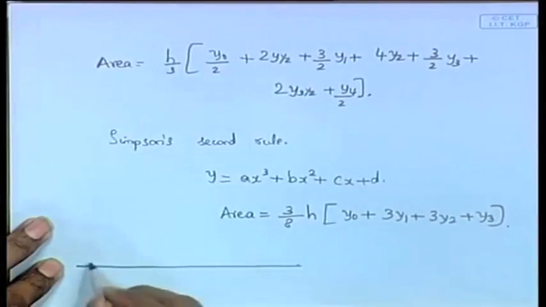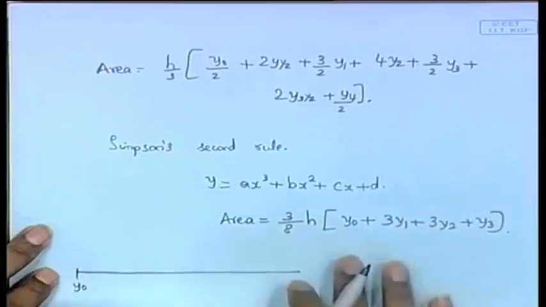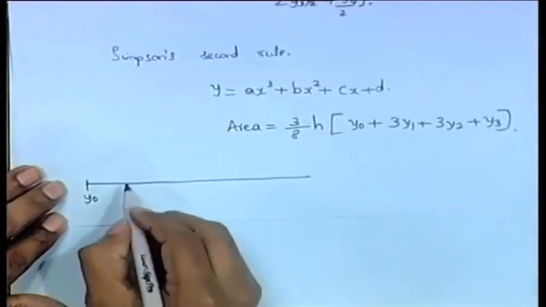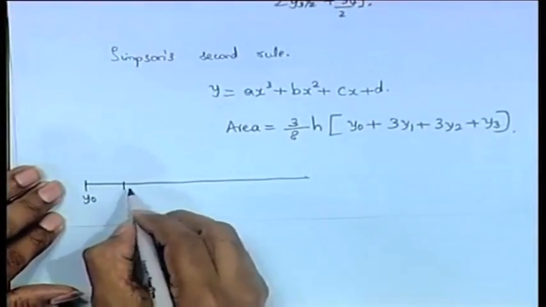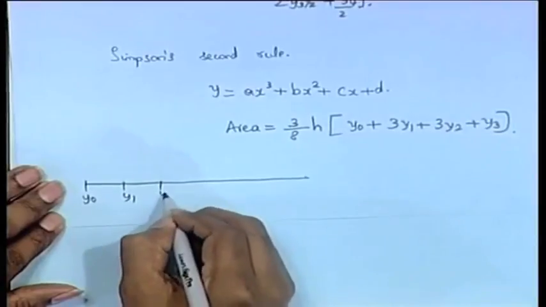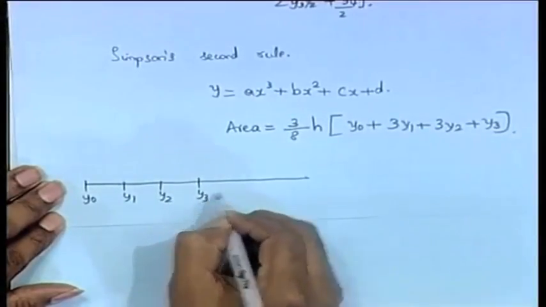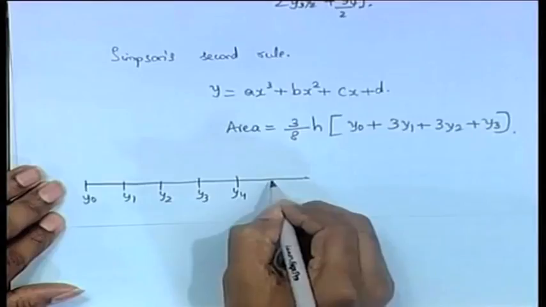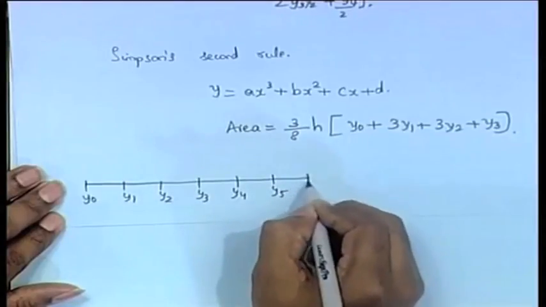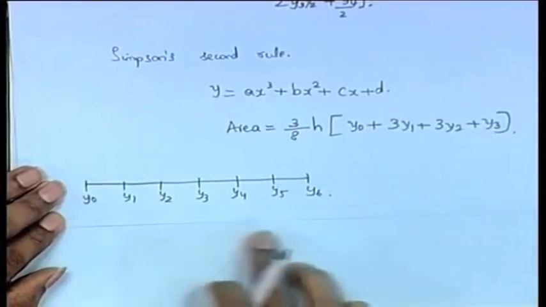Just to mention, suppose you have y 0, y 1, y 2, y 3, y 4, y 5, y 6, a system like this.